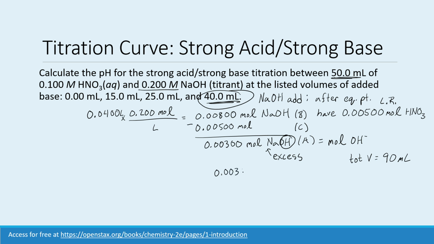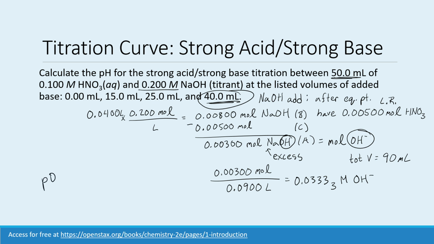We'll take those moles of sodium hydroxide and divide by the 90 milliliters in liters, so 0.09. That should give us, I believe, 0.0333 repeating, and that is the concentration of the hydroxide ion.